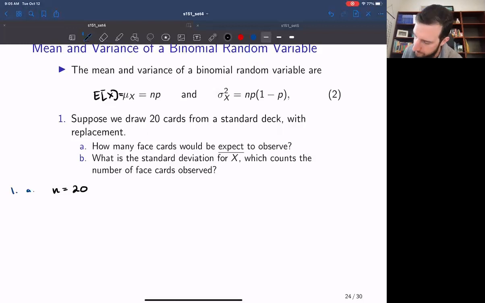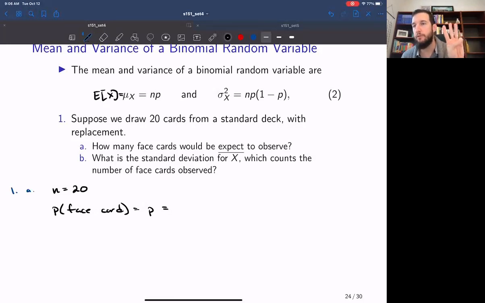So the probability of observing a face card, which is the same thing as little p in this case, the probability of success on each draw from the deck, is going to be the number of face cards in the deck divided by the total number of cards in the deck. There are 4 suits in a standard deck of cards: heart, diamond, spade, club.